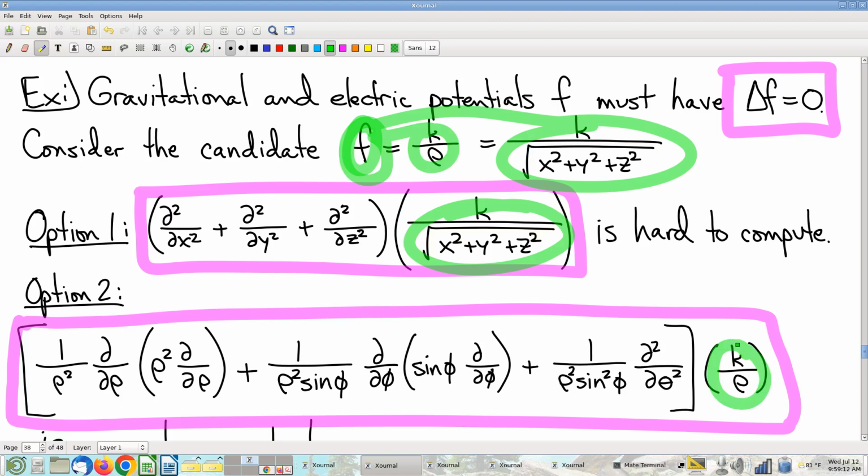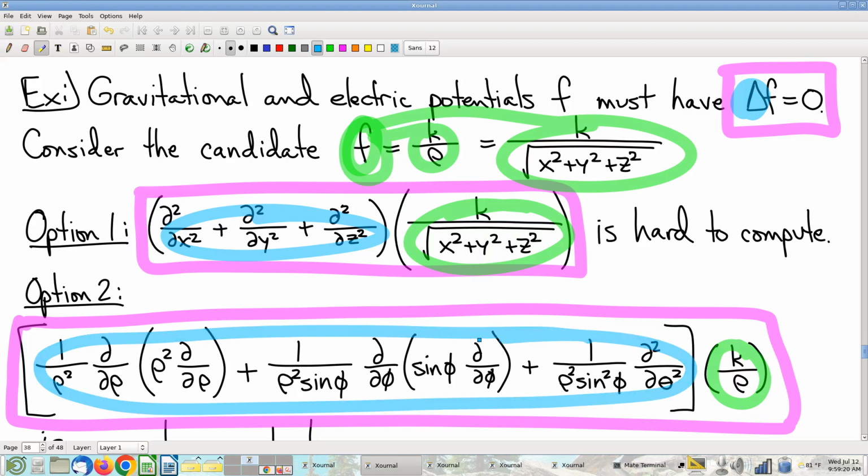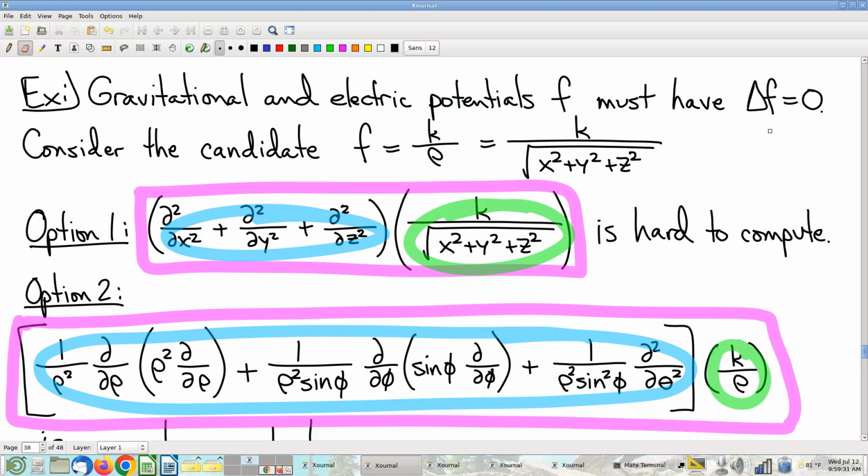And again, the Laplacian, previously written in rectangular coordinates, now written in spherical coordinates per the results of the horrifying computation that I waved my hands at above. So what we have here are two different alternatives of doing the same thing.